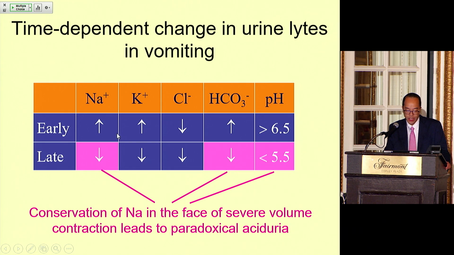So the important thing here is that the urine sodium can be high or low in a metabolic alkalosis. But note this, the urine chloride is always low in these patients that are losing bicarbonate-rich fluids. And so the urine chloride is a really good clue to whether the patient has a metabolic alkalosis due to loss of bicarb-rich fluids.